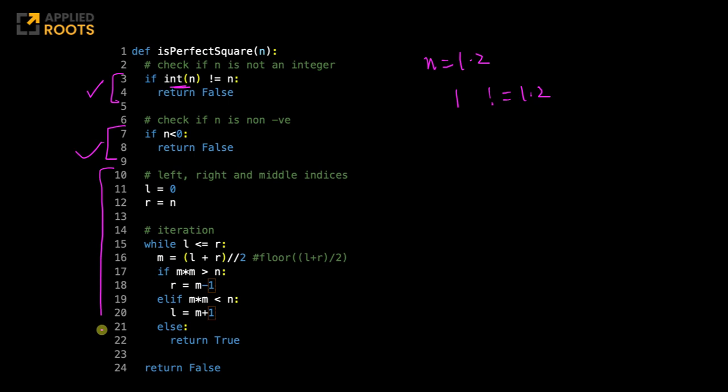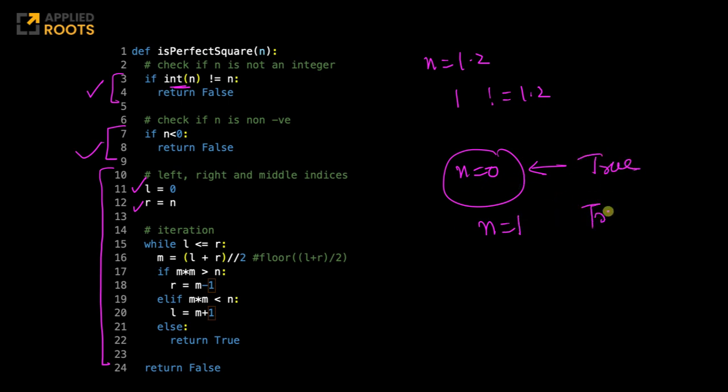Then this whole thing is simply your binary search, slightly modified. This is your left index, this is your right index. We have taken L equals 0 because what if n equals 0? We should be able to handle this case also. That's why we've taken left as 0 and right as 1. We should also handle n equals 1, because if n equals 0 we should return true, and if n equals 1 we should obviously return true.